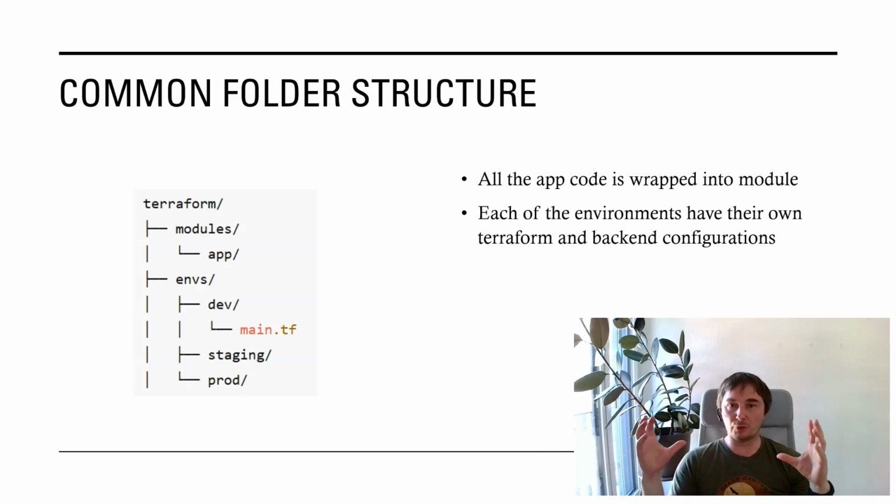You would wrap the whole application code, infrastructure application code, into a single module, and then you would have different environments as separate folders, and pretty much you cd into a specific folder and run terraform plan and terraform apply from that folder. And each of those will have their own backend configuration, Terraform configuration, and variable files.